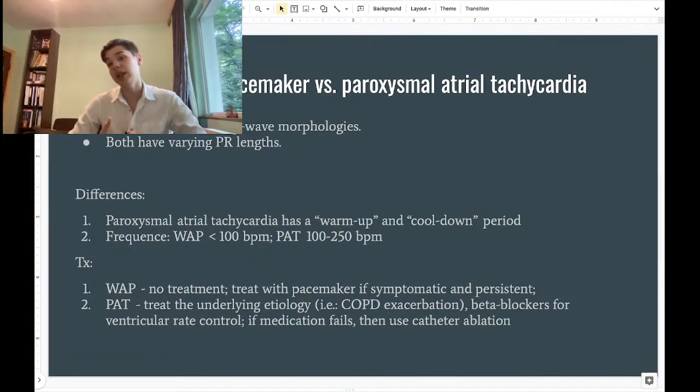In the previous EKG, there was no ventricular rate problem. However, the medication failed. Then, if the medication fails, we use catheter ablation to ablate the aberrant circuits in the atrium.